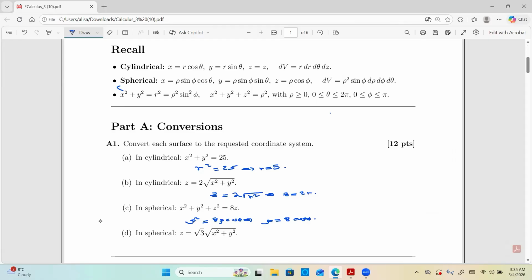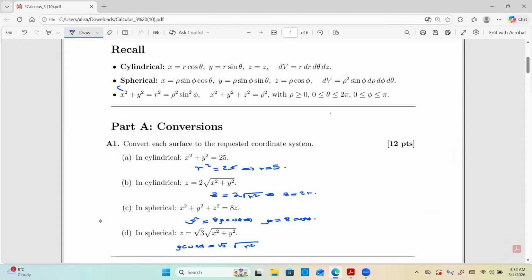So let's do the last one before we move to something else. In this case, in spherical, z is going to change and it's going to become rho cosine phi. And then we have the square root of 3 times the square root of x squared plus y squared, which in this case is r.